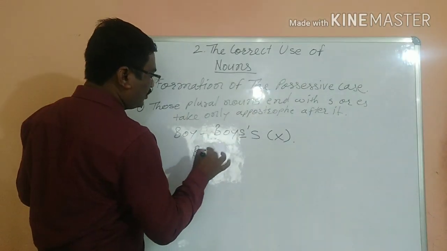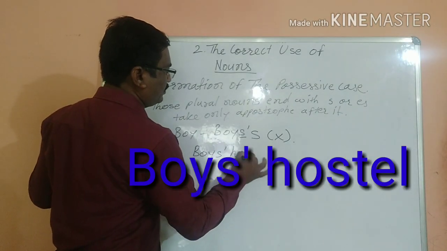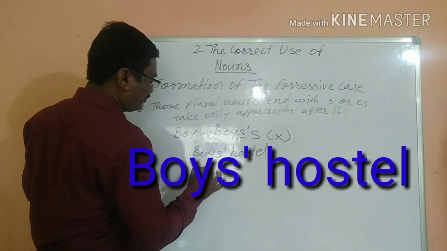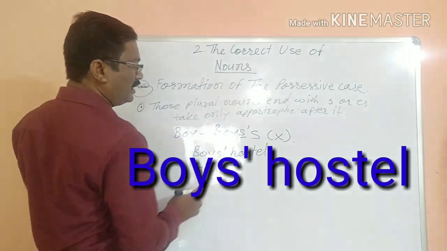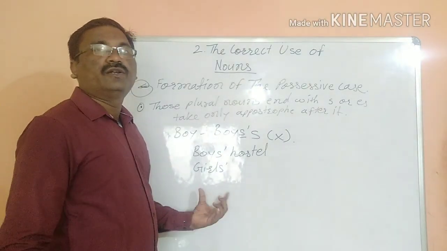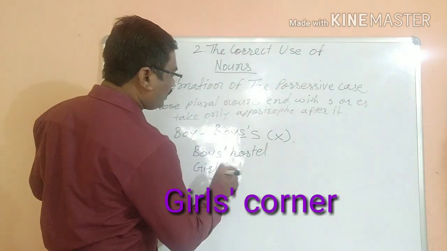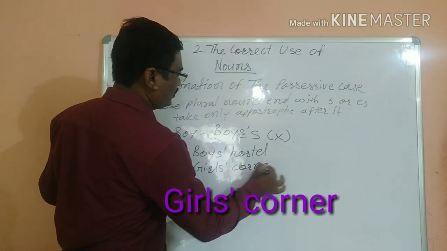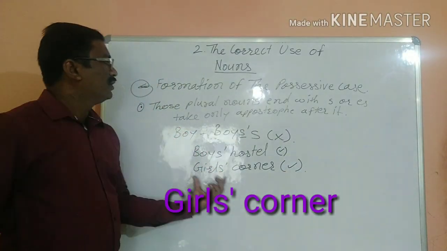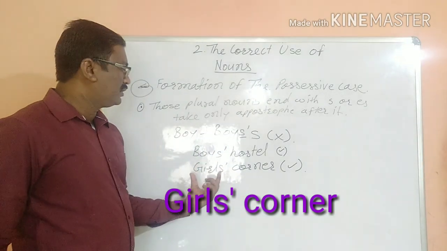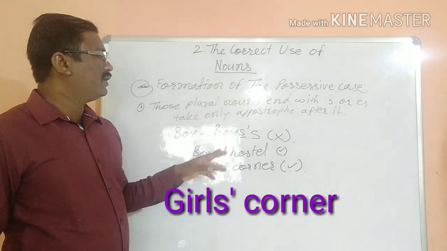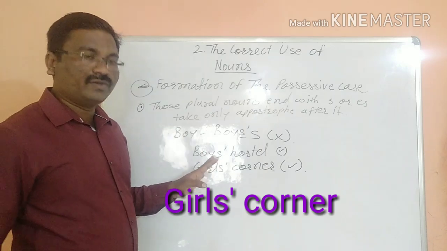Boys' hostel. Now girls. This plural also ends in s, so we take only an apostrophe, not apostrophe s. Girls' corner. So these both are correct. Those nouns which are ending with s or es take only an apostrophe, not apostrophe s.